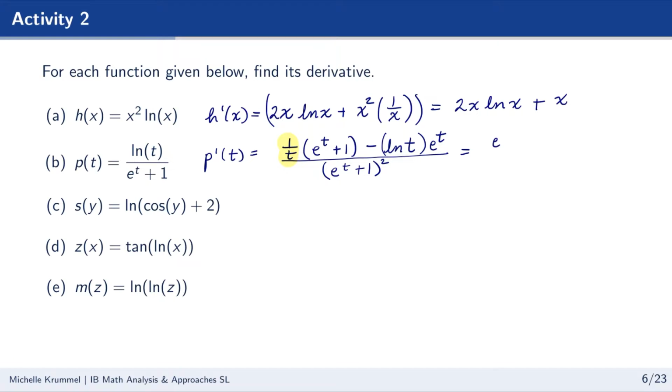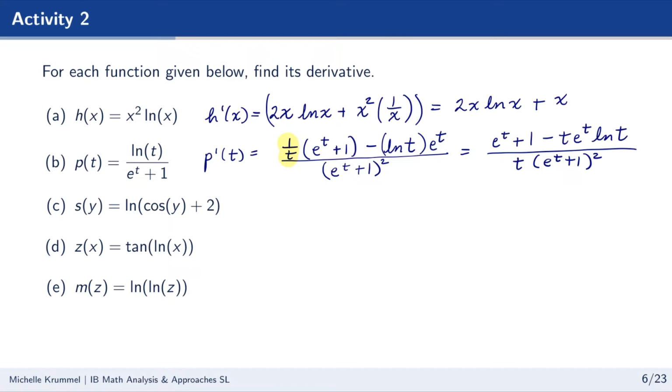I would get e to the t plus 1 minus t e to the t ln t. And then in the denominator, if I multiply by t, I get t times the quantity e to the t plus 1 squared. And let's leave it in that form there.